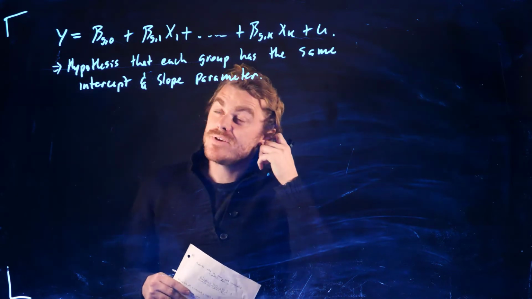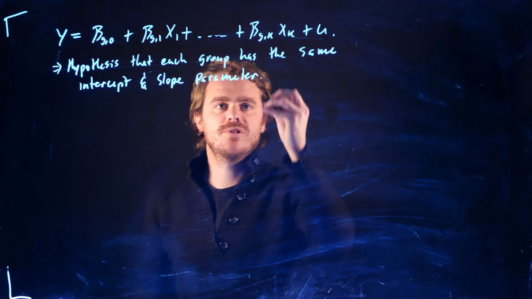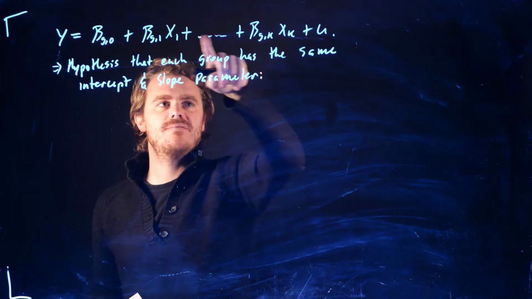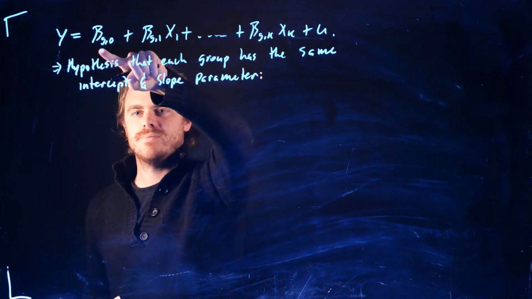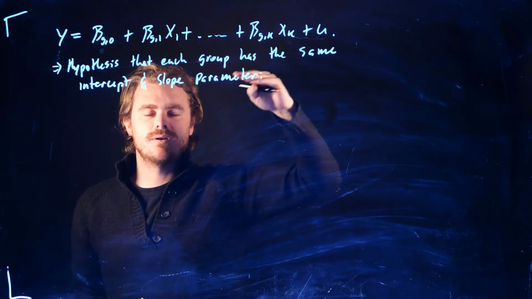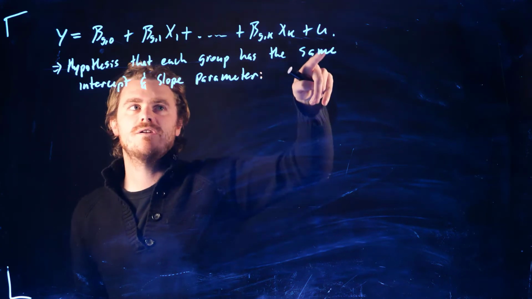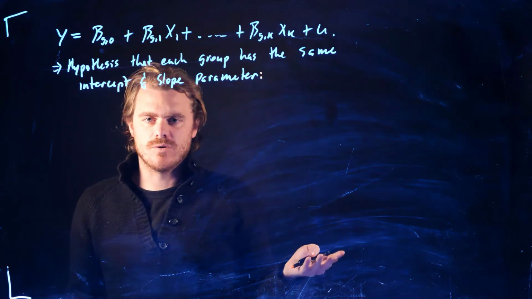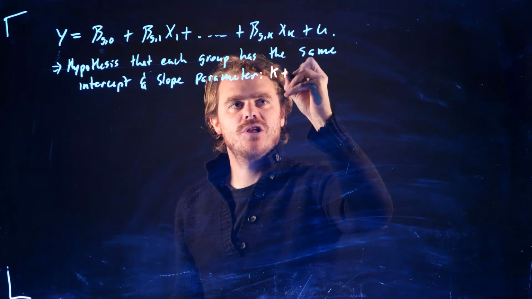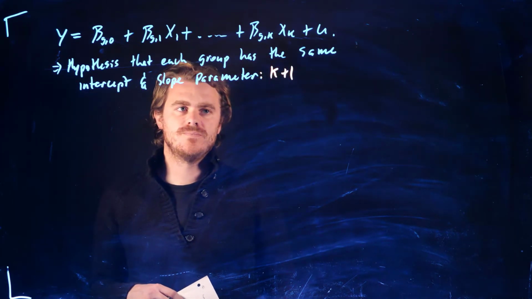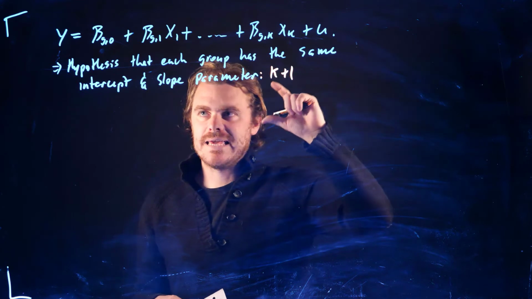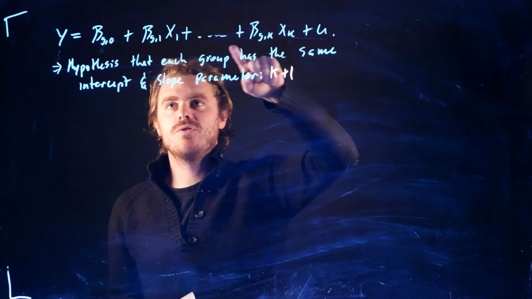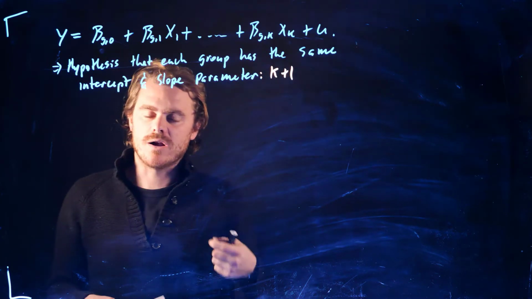So if this is our hypothesis, we have to think about how many restrictions we're placing, right? We have k independent variables plus 1 intercept. Essentially we're saying for one group, their k plus 1 parameters are equal to the other group's parameters. So this involves k plus 1 restrictions, where we're testing whether all these parameters of one group are equal to the other.